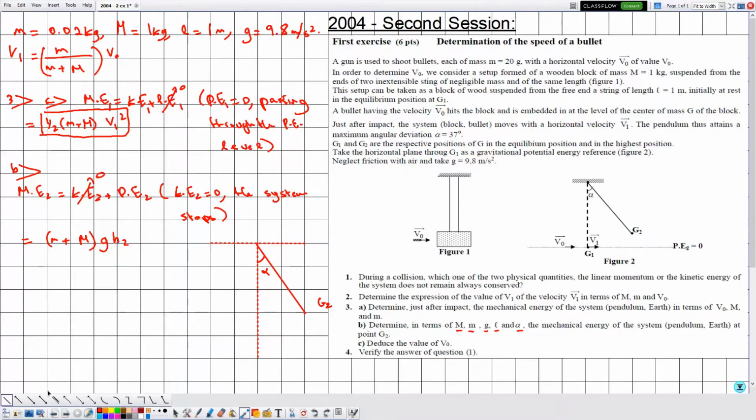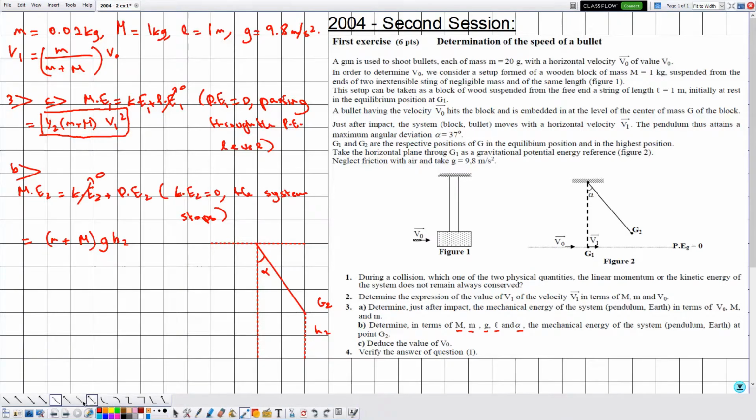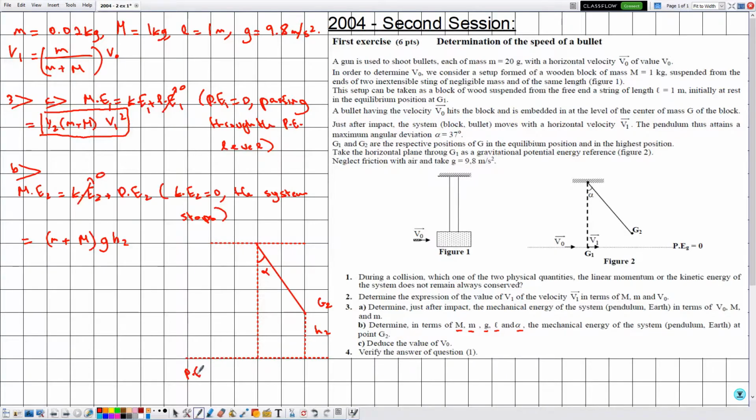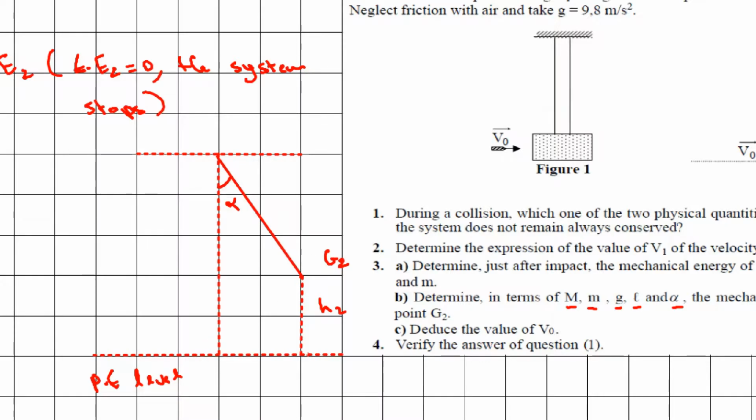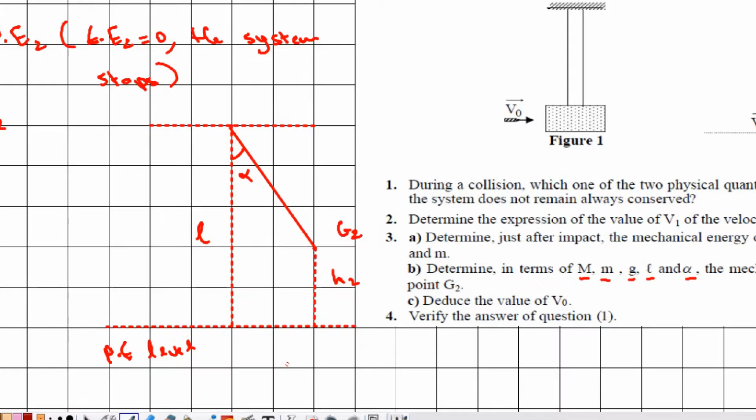We are interested in determining this height, which is H2, measured with respect to this PE level. So this is the PE level. When the pendulum is in the equilibrium position, it passes through this point. So if this is L, then this will be L. Now we are interested in determining H2.